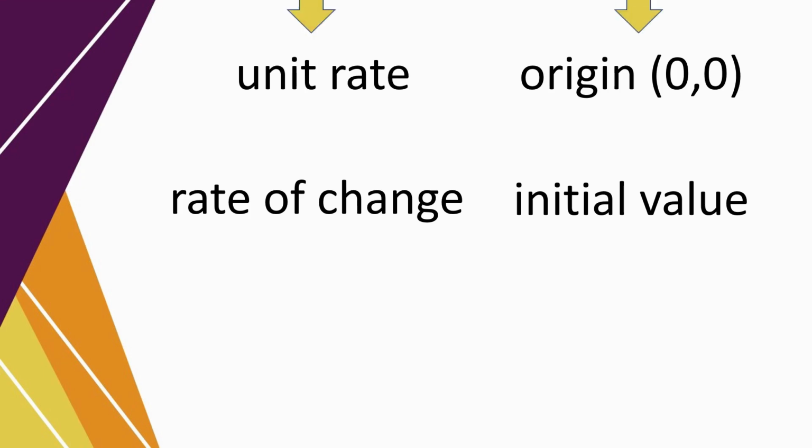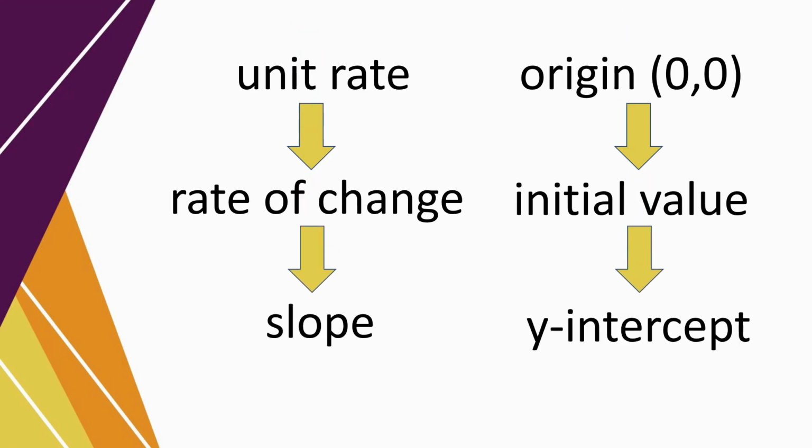Building onto that idea is the development of a rate of change and an initial value. This is general vocabulary appropriate to a variety of relationships, not just linear. Yet since linear relationships have a constant rate of change, the vocabulary becomes more specific. The rate of change for a linear relationship is referred to as the slope.